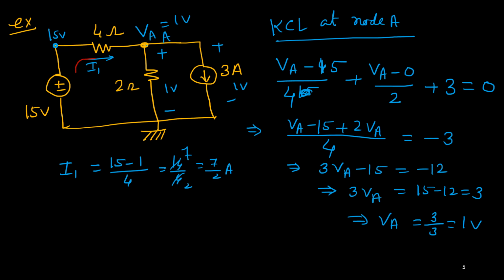That means the 15 volt source supplies power, and P equals V times I. V is 15 and I is 7 by 2. That is 105 by 2, so it is 52.5 watt. This is supplied.